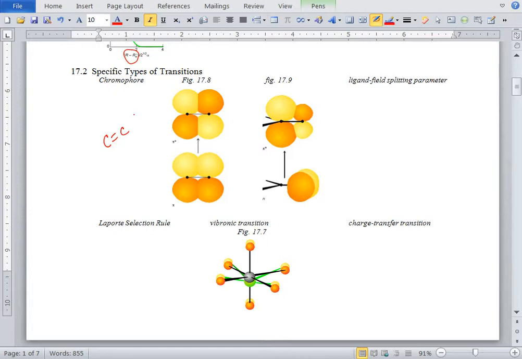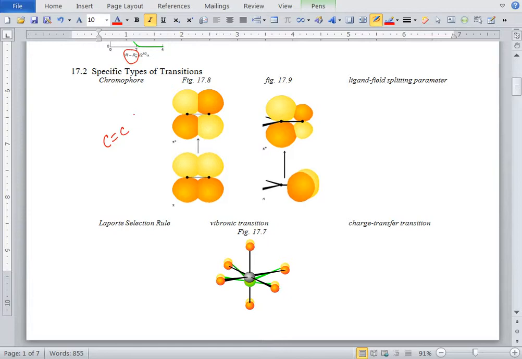There's a carbon, there's a carbon. So it goes from a bonding to an anti-bonding type molecular orbital. This is what's absorbing the light. The chromophore is the part of the molecule that's absorbing the light for this electronic transition.